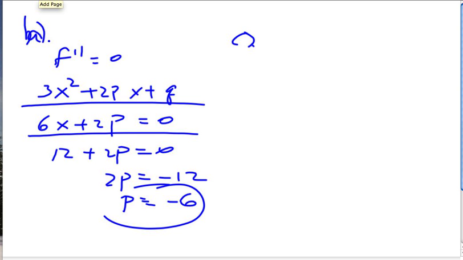C. Under what conditions on P and Q will the graph of f be increasing everywhere? When does the graph increase? It increases when f prime is bigger than 0. In other words, 3x squared plus 2px plus q is bigger than 0.